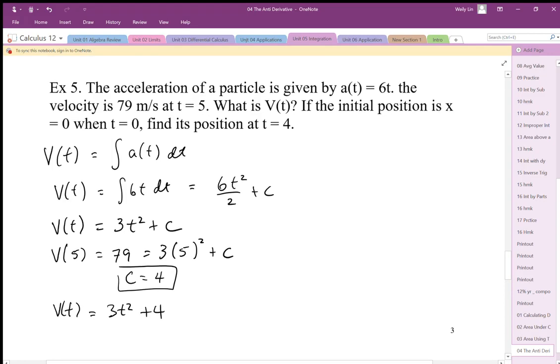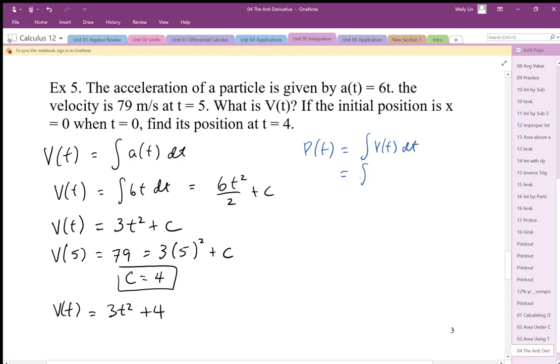Okay, well that solves for that part, but the initial position is x equals 0 when t equals 0, and you need to find the position function. Here, the position function then, p of t, I'll call that, is going to be the antiderivative of velocity. Okay, so we're going to find that function.